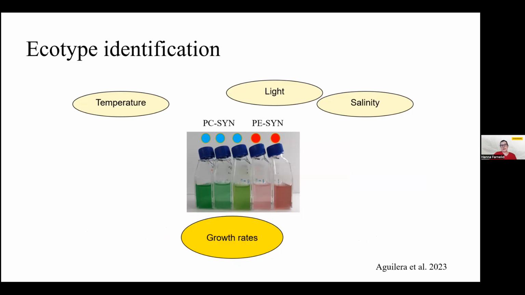One of the things that we wanted to do was look at these co-occurring Synechococcus to try to identify if there were different ecotypes, so if there were certain strains that were adapted to a specific environment, to a certain niche. We had already seen that the different composition in pigments determines their composition in nature, but we were curious about if there were different optima for different strains.